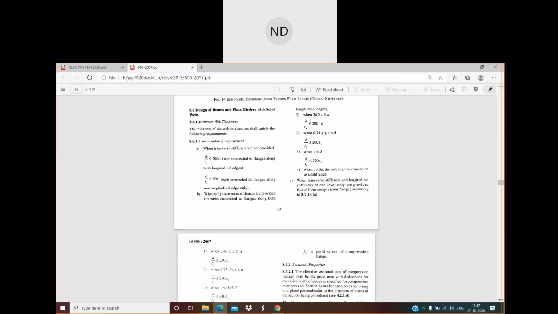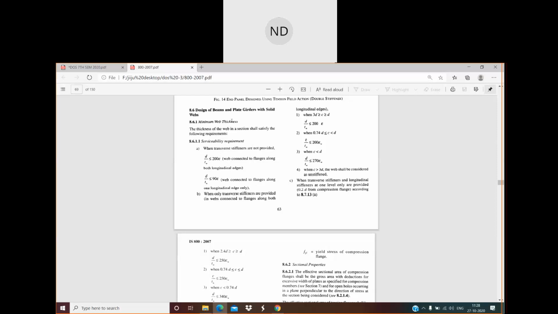Then d by tw is less than or equal to 200 epsilon, for web connected to the flanges along both longitudinal edges. This one we will consider here.